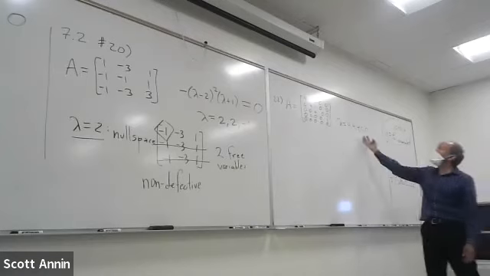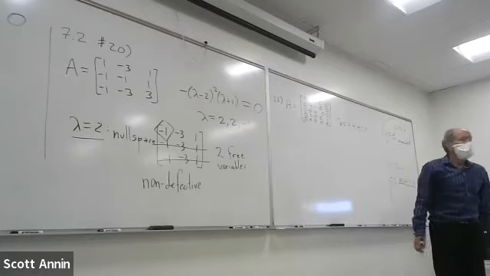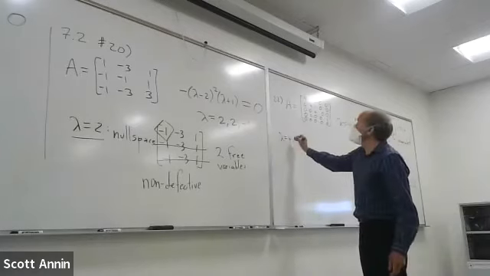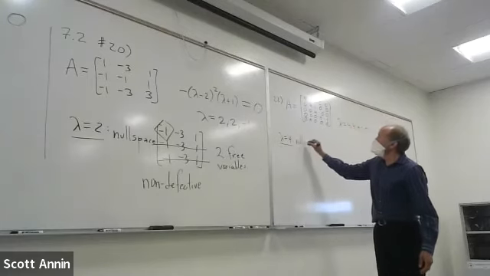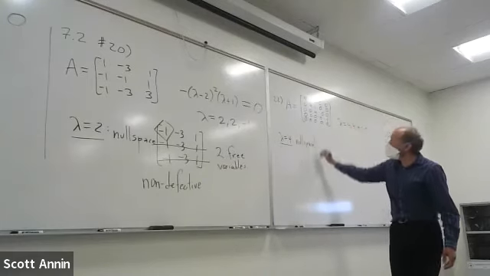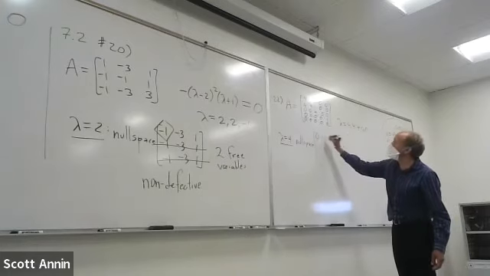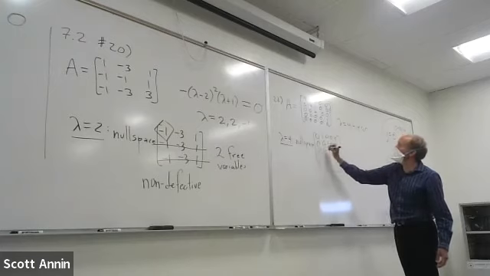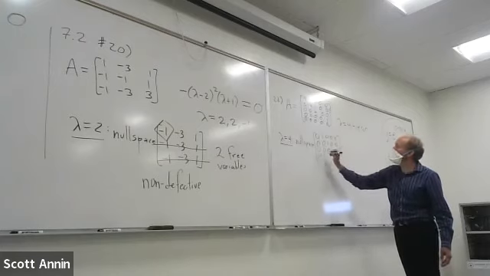Right, and now I can just check, okay, do they pull their weight or not? Let's just do lambda equals 4 really quickly. If I subtract 4 off of the main diagonal, that's going to give me this.